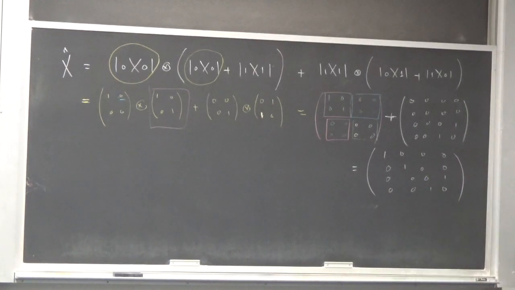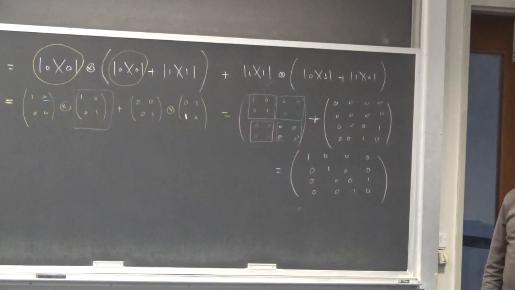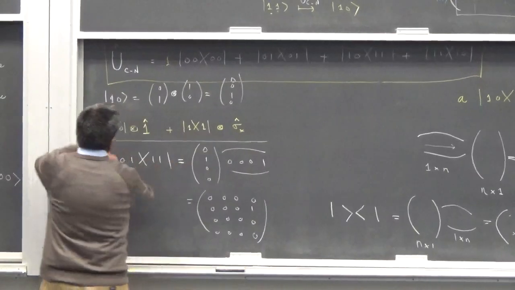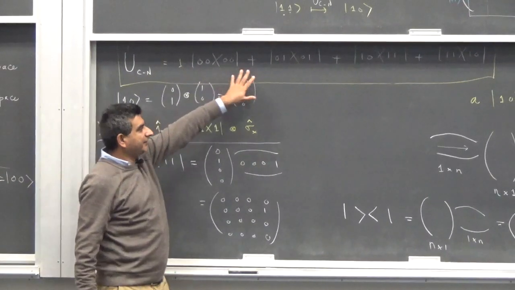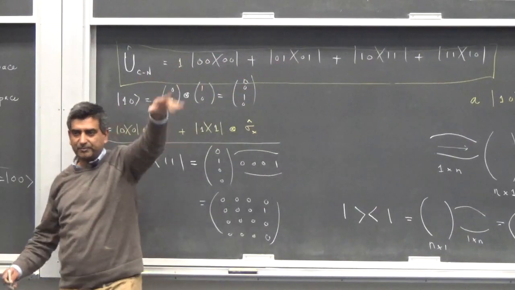Do I get the control NOT gate? I do get the control NOT gate. So the control NOT gate is actually this gate. One form of writing the control NOT gate is through this expanded simplification of outer products.